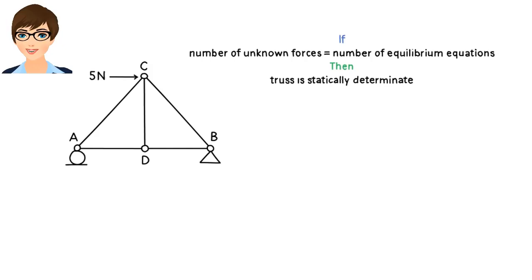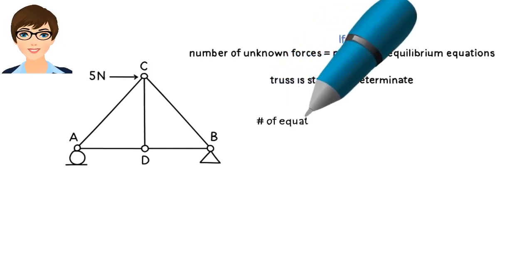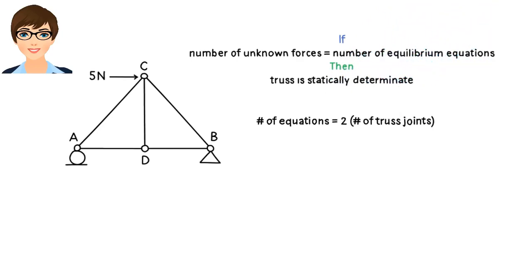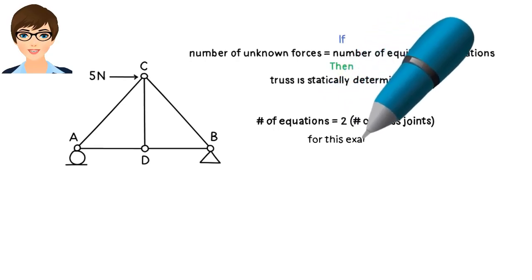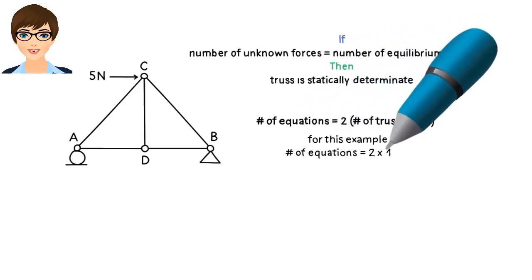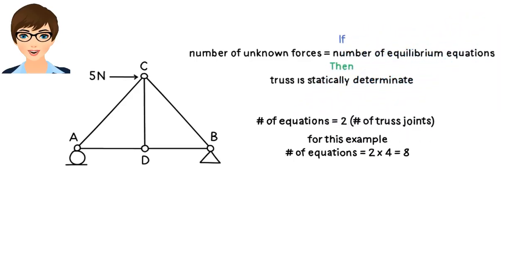So, how many equilibrium equations can be written for a truss structure? The total number of equilibrium equations equals 2 times the number of joints in the structure. If the truss has 4 joints, we can write 8 equilibrium equations for it.